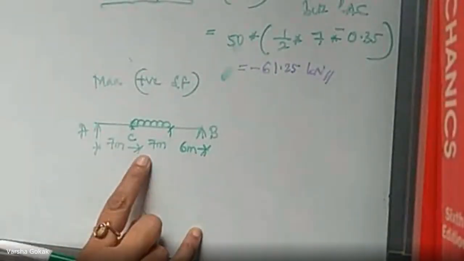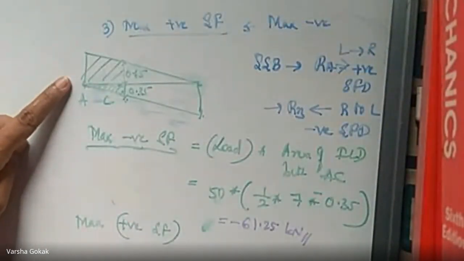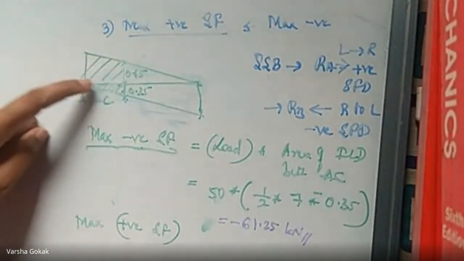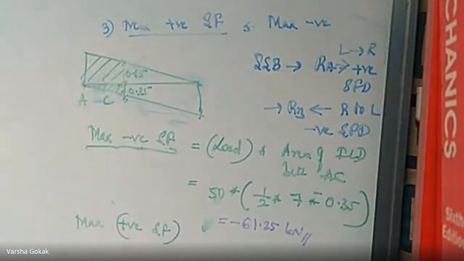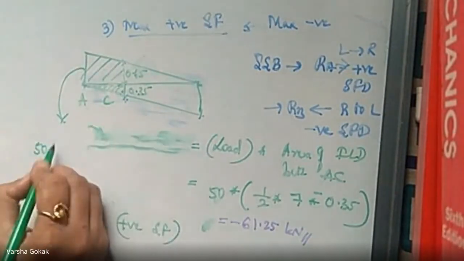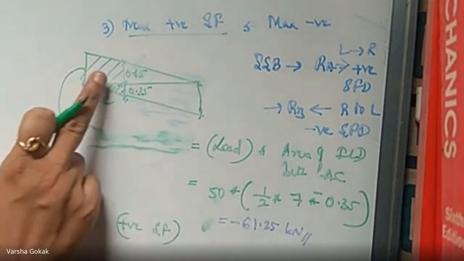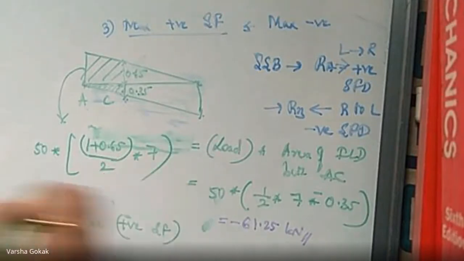If he has not given you this condition, in the same diagram you will calculate the positive shear force. That is, you will take the area between A and C. This becomes a trapezoid and you will calculate for this diagram. That is, the load is 50 into the area of this trapezoid. How will you write it? (1 plus 0.65) divided by 2 into 7.